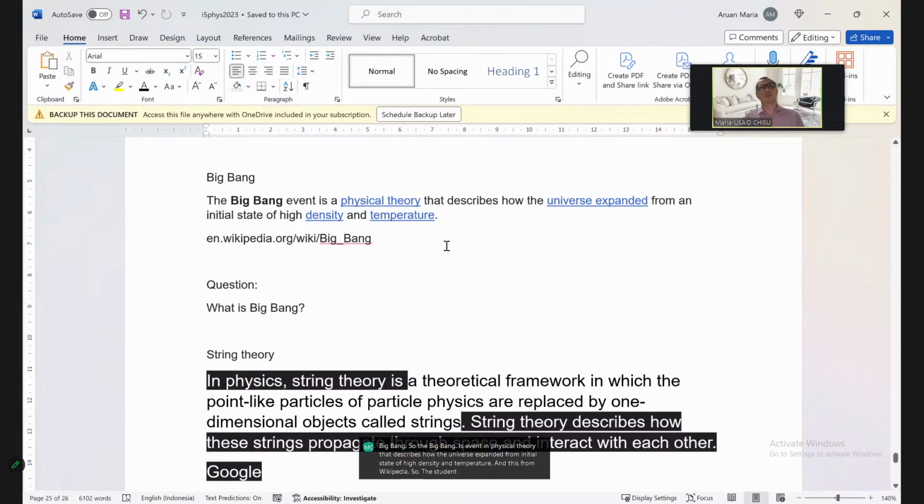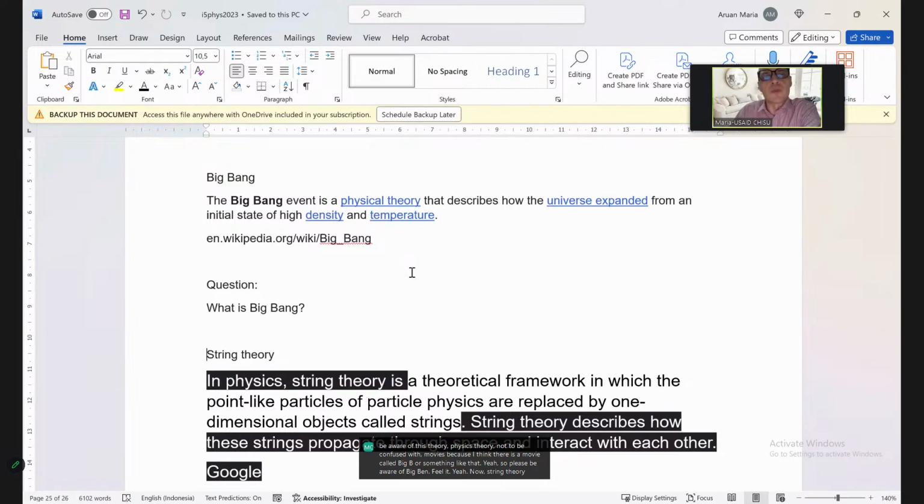The students and I have been discussing what was before the Big Bang and whether there was a Big Bang at all, because some theorists claim that there was no Big Bang. But it's better to be aware of this physics theory, not to be confused with movies, because I think there is a movie called Big Bang or something like that. So please be aware of the Big Bang theory.